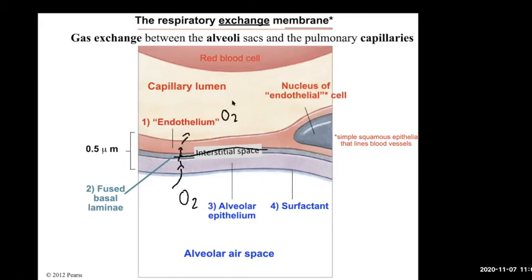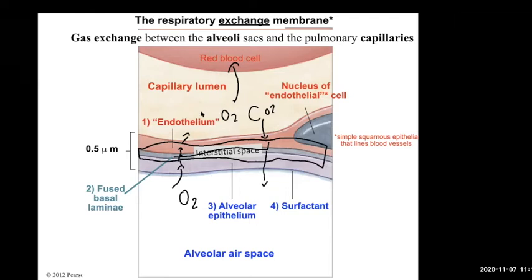Right? From there, because it's not very soluble in the fluid, it'll diffuse into the red blood cell where it's going to bind to hemoglobin, right? And then CO2 is going to do the same thing in the opposite direction, right? But the main point here is this area is super small, the smallest it could possibly be, to allow this rapid gas exchange of these lipid soluble molecules.